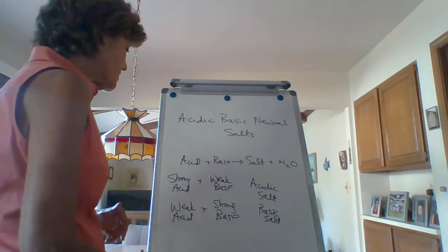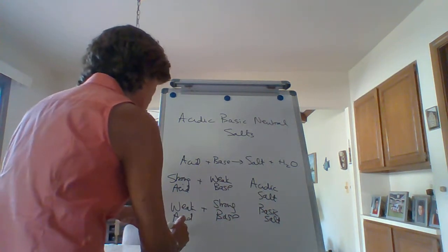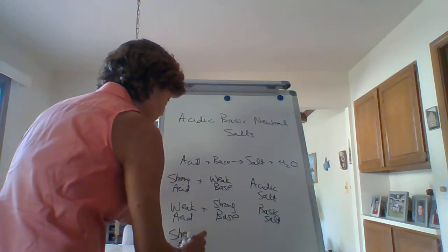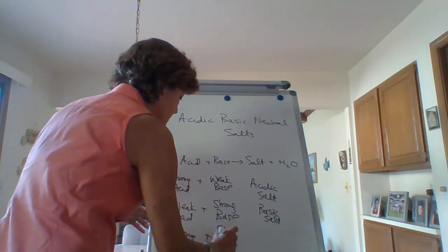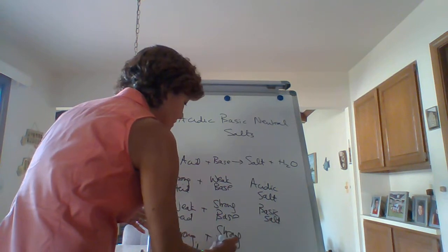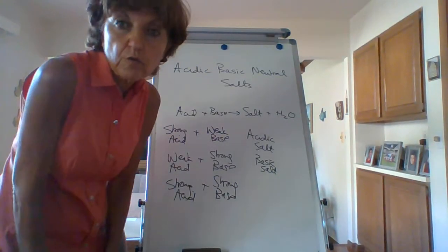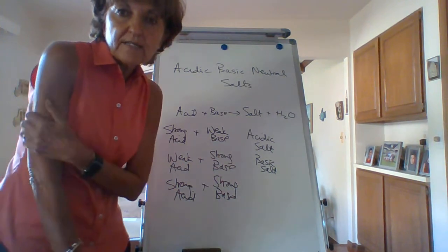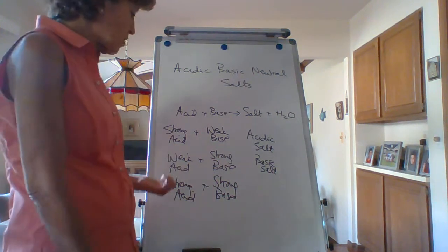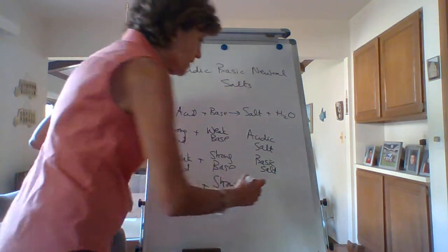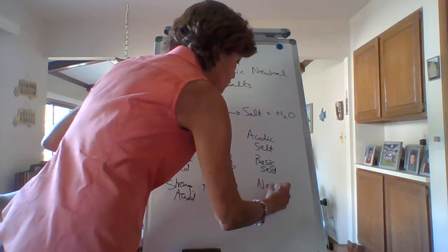And then the third scenario that we're going to be exposed to is a strong acid and a strong base. So both the acid and the base are strong. Remember, the strong bases are the group 1A metal hydroxides and the heavy group 2A. So if you have a strong acid and a strong base, they cancel each other out. You end up with a neutral salt.